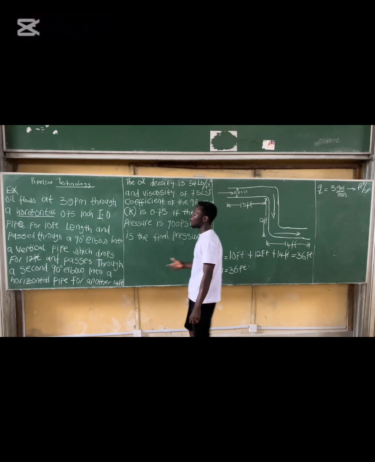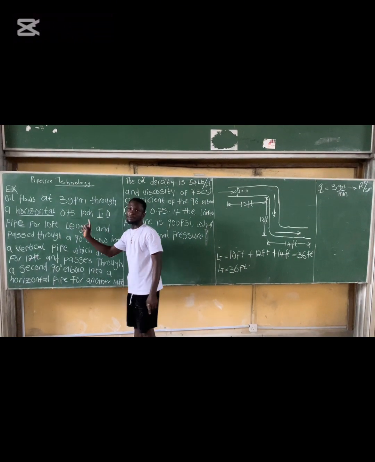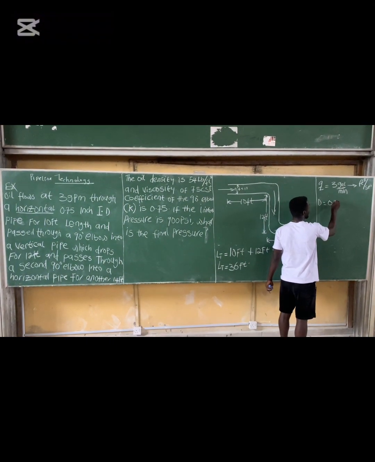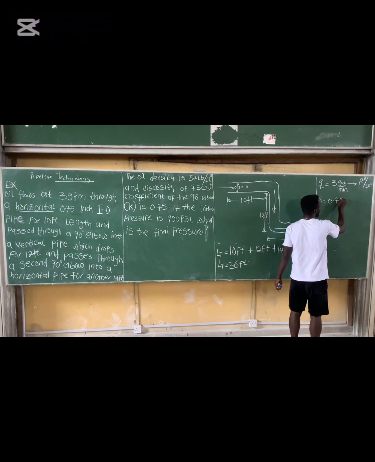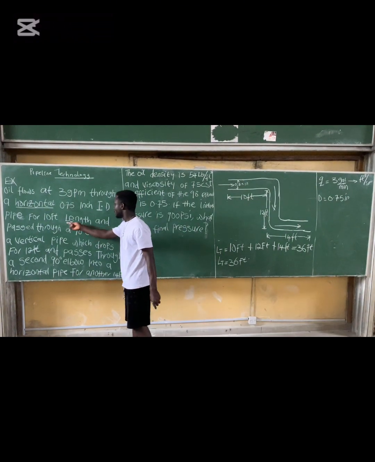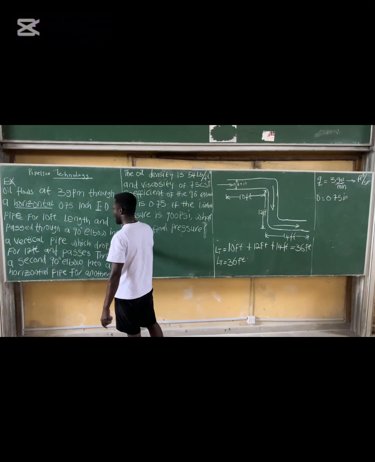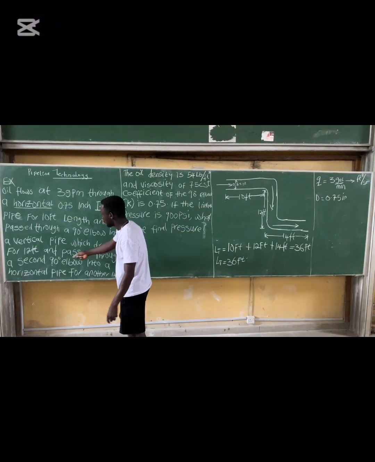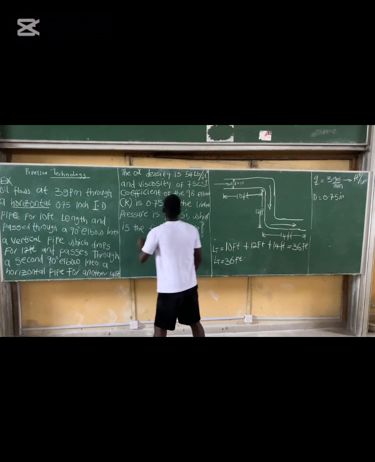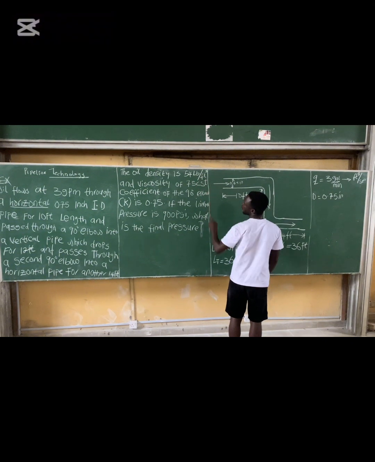The next thing that they gave us is the diameter of the pipe, which is 0.75 inch. So therefore, diameter D here is equal to 0.75 inch. Also, they gave us the length of the pipe, which has already been calculated here. Then they gave us the oil density, which is 54 pounds per cubic feet.